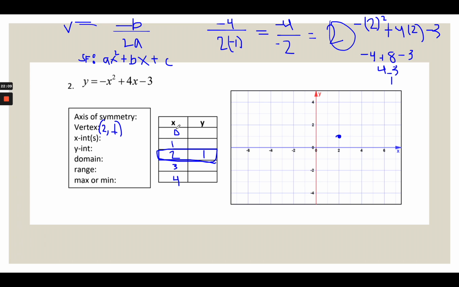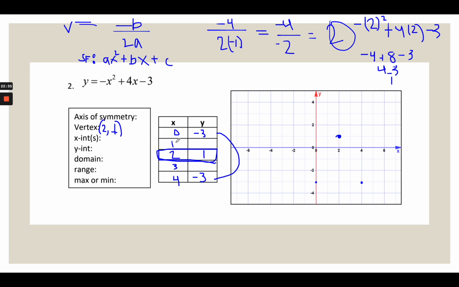Okay, so if we were to plug in 0 for x, we'd get 0 plus 0 minus 3. So this is -3. Remember, this point, do a little rainbow, boom, is going to be symmetrical to this because they're the same distance from our vertex, okay? So we have a point at 0, -3, and a point at 4, -3.